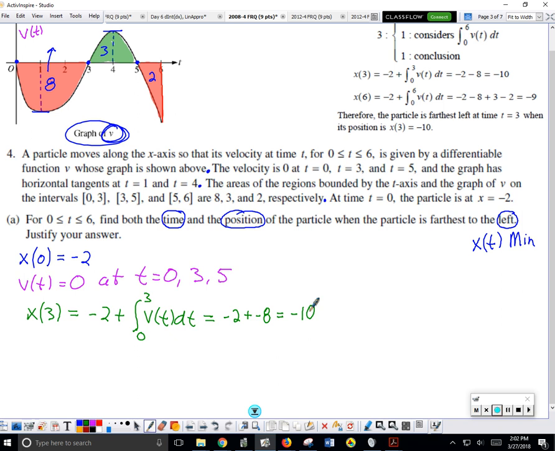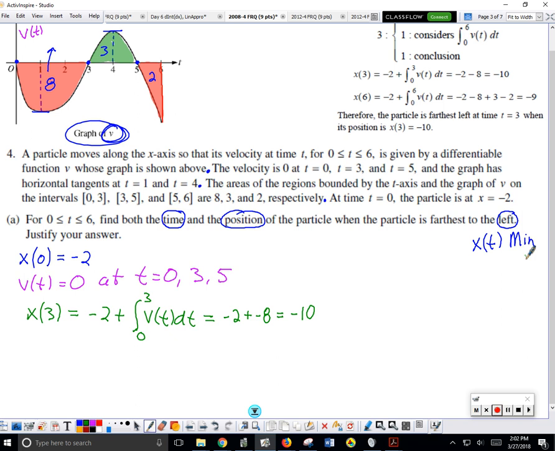Gotcha. You have to keep separate the concept of relative min versus absolute min. In this problem, they never use the word relative, so it's absolute min. And the absolute min can occur at the endpoints. The absolute min can always occur at the endpoints because the graph could be just going down.